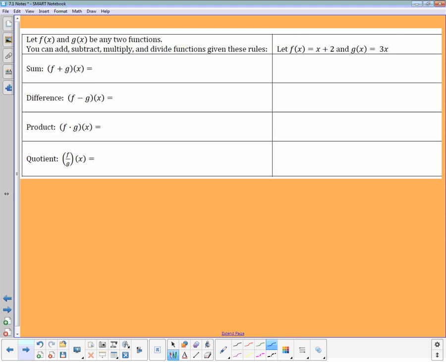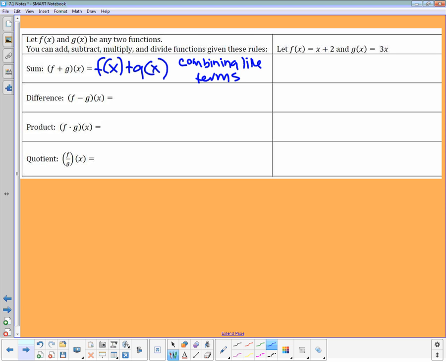So we're looking at the sum of two functions first. We have f plus g of x. We can rewrite this as f of x plus g of x. Basically you're just going to be combining like terms. If we look over to our right, we have an example.